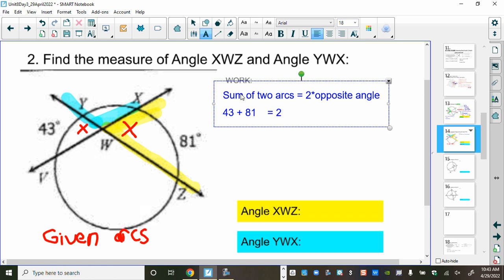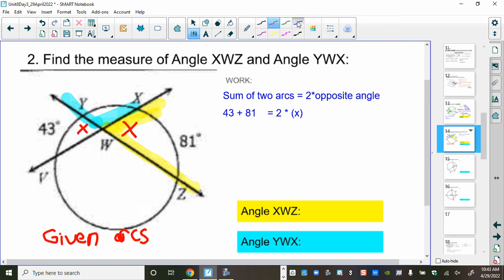Now 2 times. Well, do we know what the measure of the opposite angle is yet? So we mark it as an x. Now, can we add 43 plus 81? What do we get? 124, that's right.